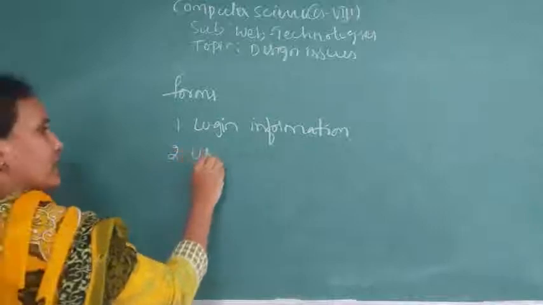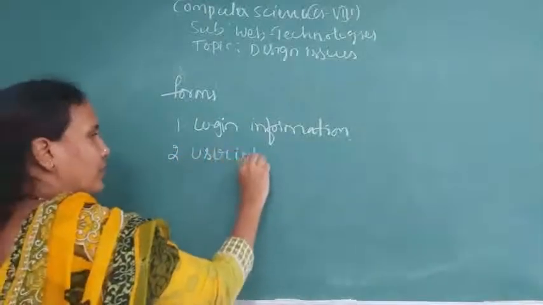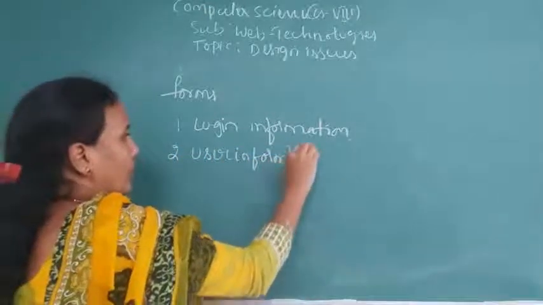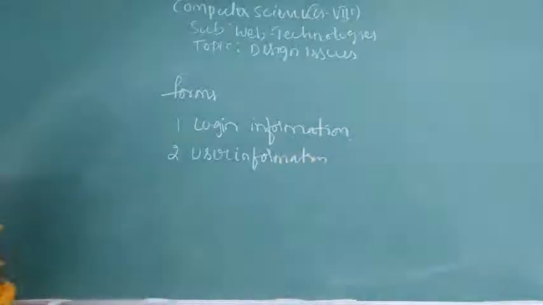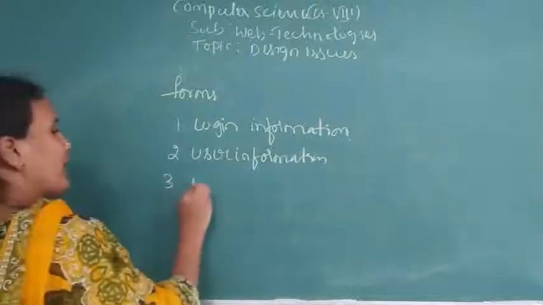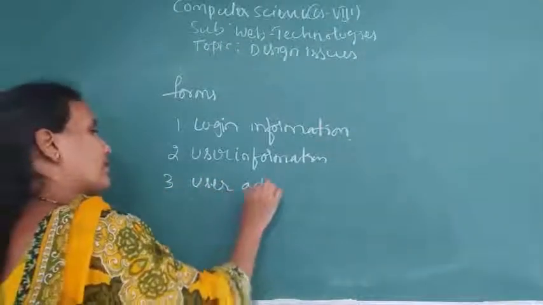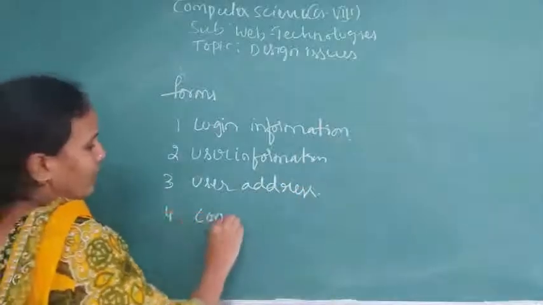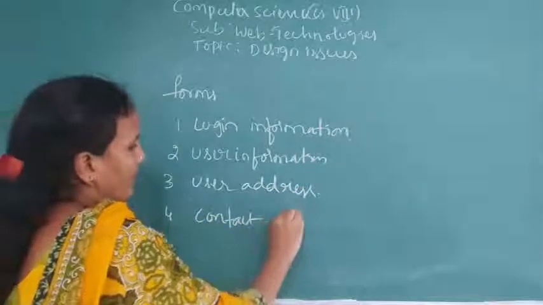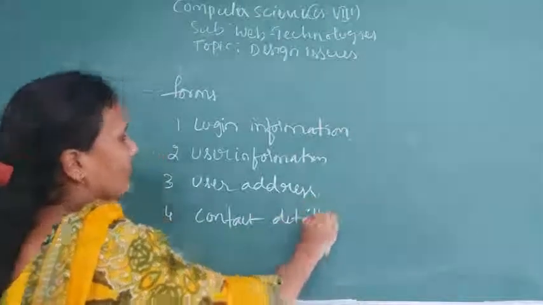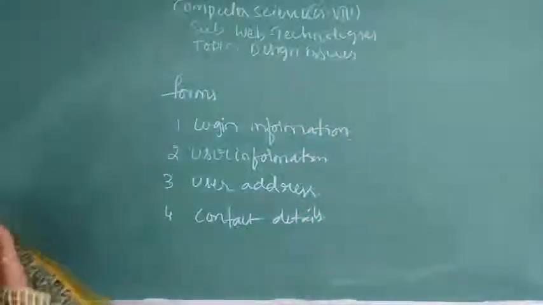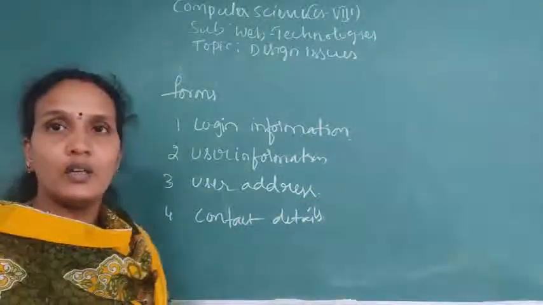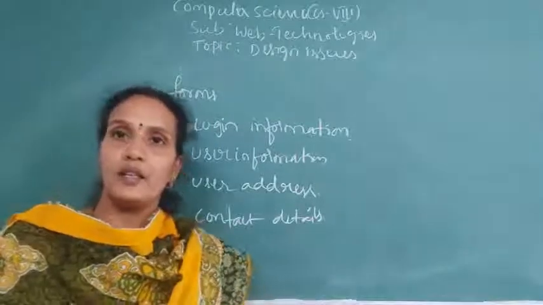The second one is the user information, meaning what the user needs to enter, that information we should give. The next one is the user address. Next, contact details. So these four things you need to provide on the form when you are designing a form on the browser.